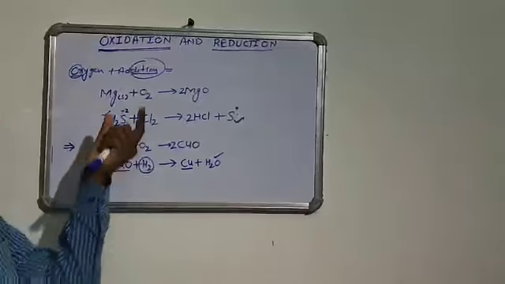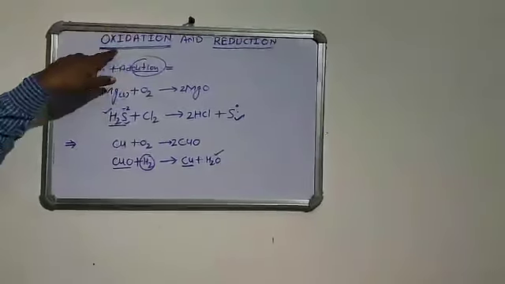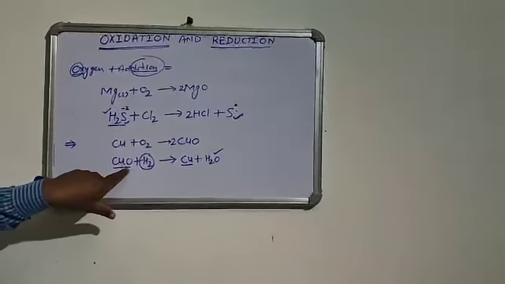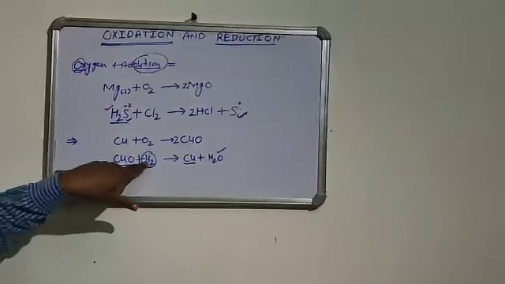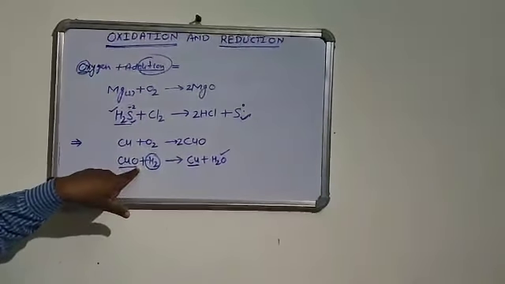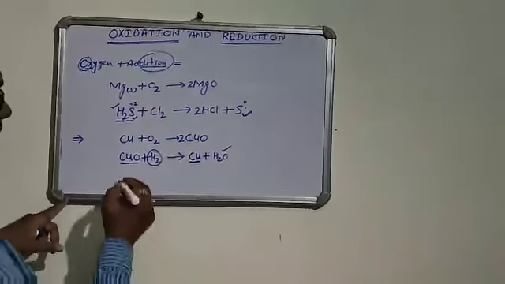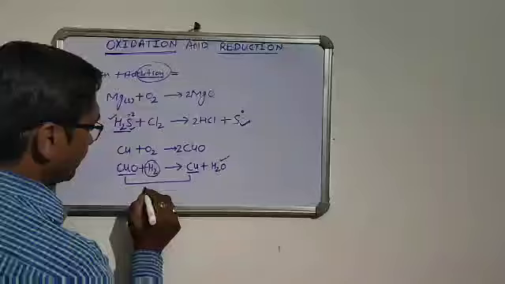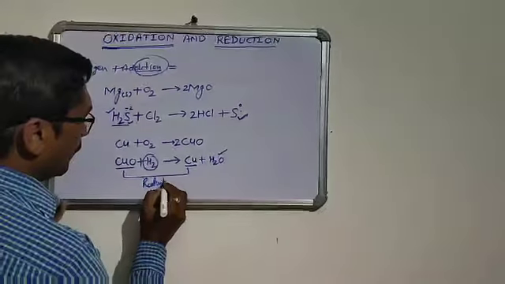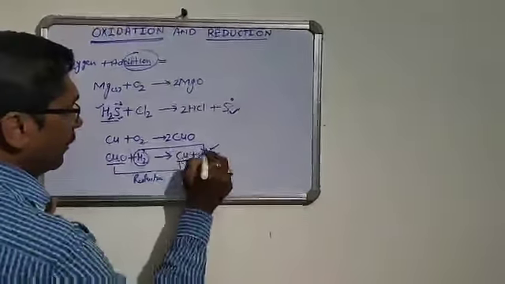Because I am saying removal of oxygen is called reduction. In this case, CuO is converted into Cu, so this process is called reduction, and this is called oxidation.